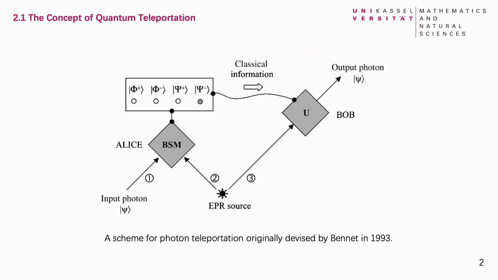Let's look at the concept of quantum teleportation. Photons 2 and 3 are entangled, emitted by the EPR source. Photon 2 is sent to Alice. Alice has another photon, photon 1, which she wants to teleport. Alice measures it jointly with photon 2, and this process is called Bell state measurement.